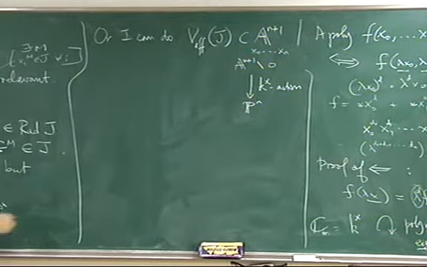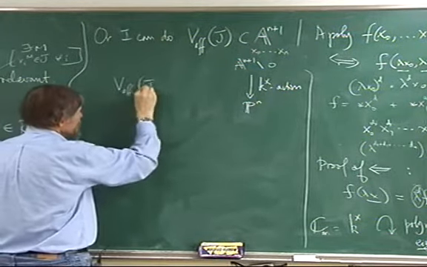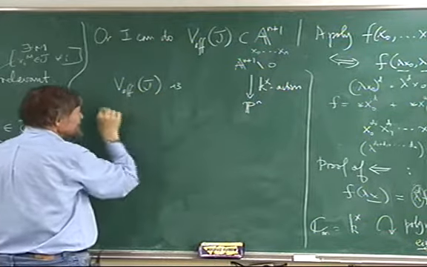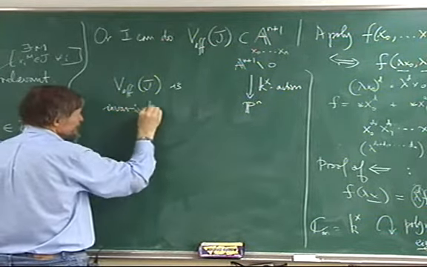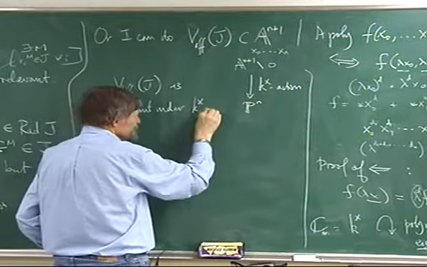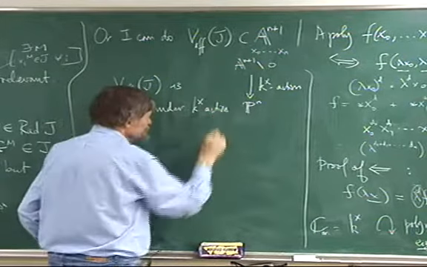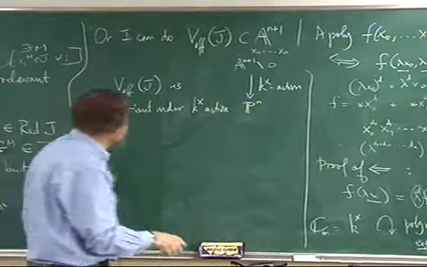So V affine of J is invariant under this k star action. That's the point I've already written down several times.